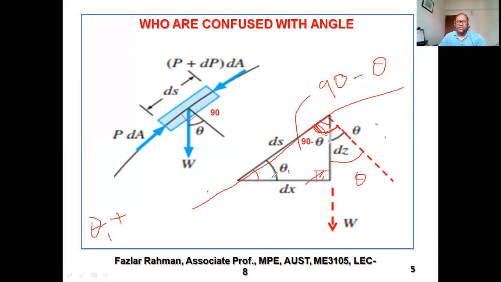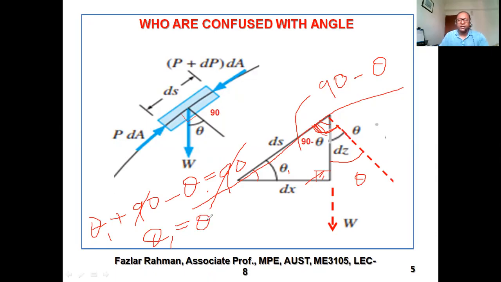So the other two angles have to sum to 90. So this one is theta 1, this one is 90 minus theta, equal to 90. So 90 will be out. That means theta 1 equal to theta. Just a simple thing. So this angle is theta.